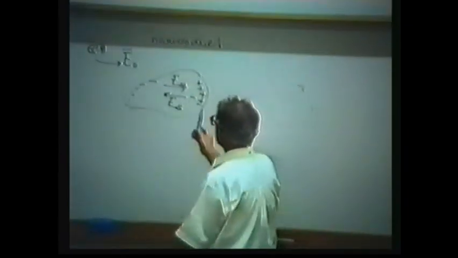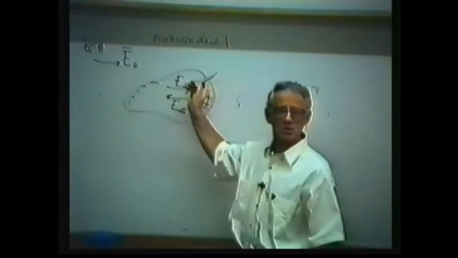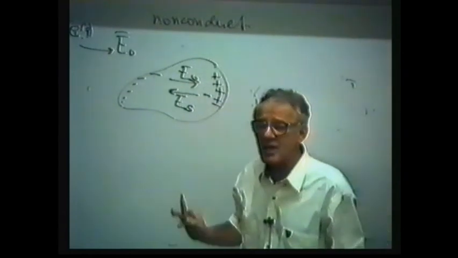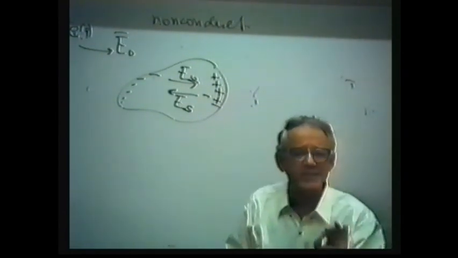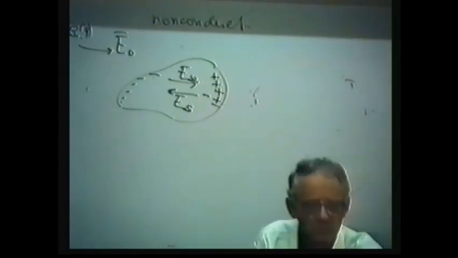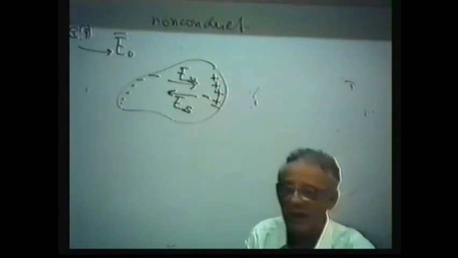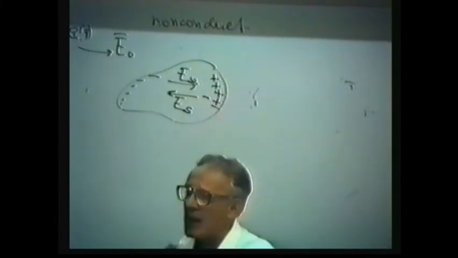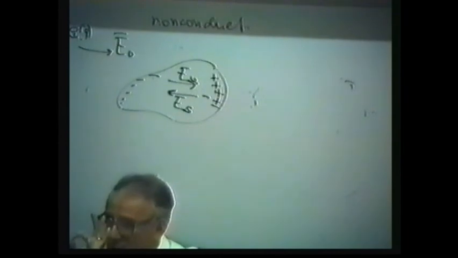Ions are not very clever. They move under the action of the total field. So if the total field decreases, therefore the electrical current does decrease. True? So this process of accumulation of charges at the interface will continue until the electrical field inside becomes equal to zero.